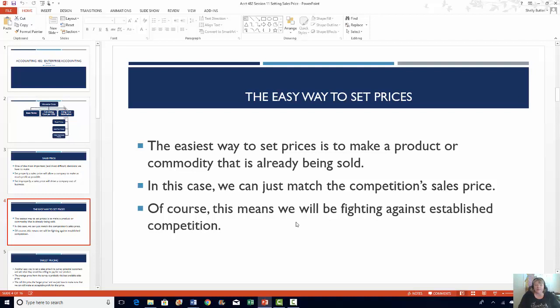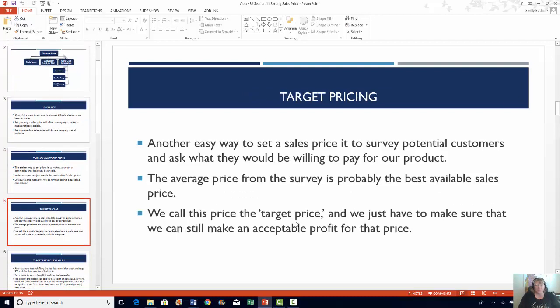We'll be fighting against established competition that has brand recognition and a whole bunch of different things going on to justify a higher price or a lower price. So this is really basic, and we're just looking at the quantitative ways in this class. But I know the marketers are saying, "Hey, it's not that simple," and I understand that it's not.